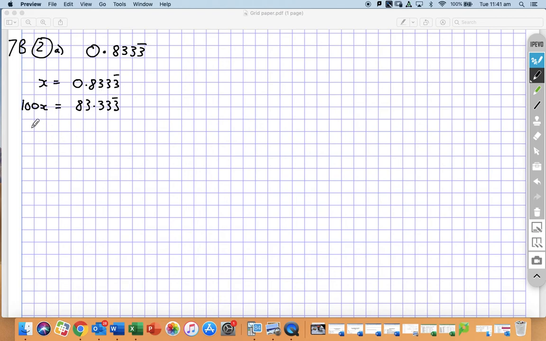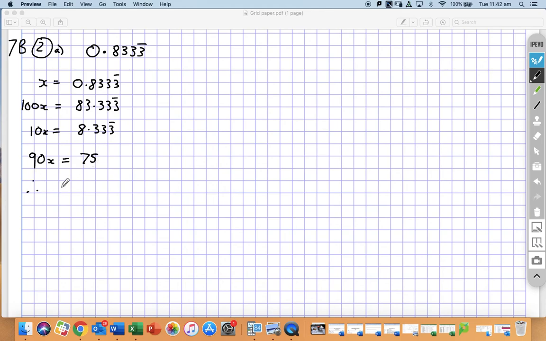But what you could look at is a 10x. What's 10x here? It's 8.333. And then you could use the 100x and the 10x to consider a 90x, which would be 83.333, subtract away 8.3333, and that would leave you effectively with 83 minus 8, which equals 75.